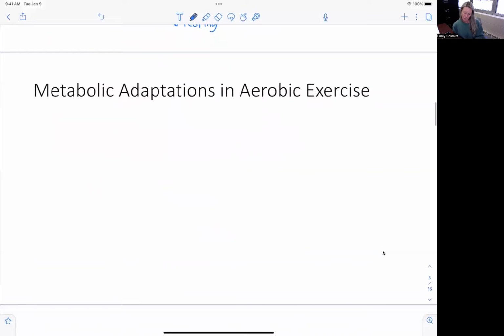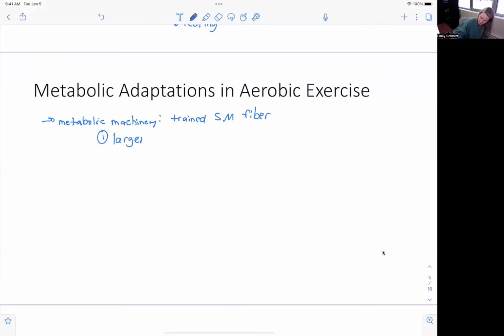So in talking about more metabolic adaptations in aerobic exercise, we're talking about your metabolic machinery. So a trained skeletal muscle fiber is going to have larger and more mitochondria.